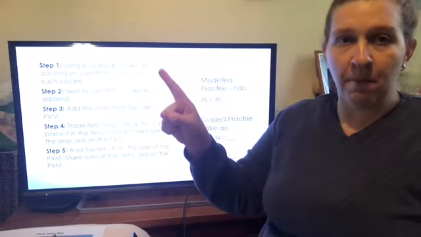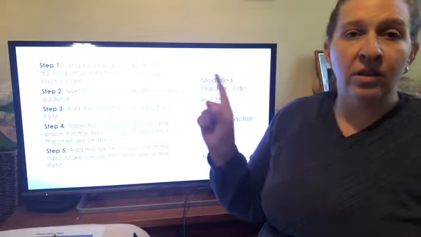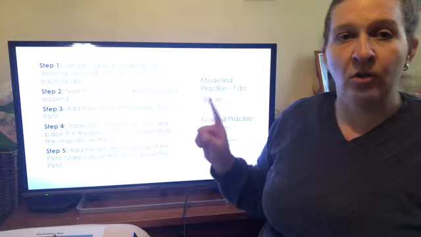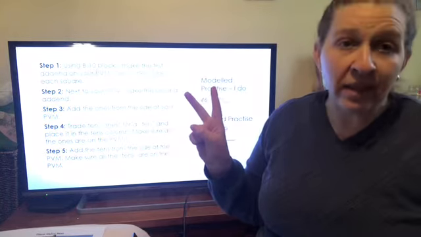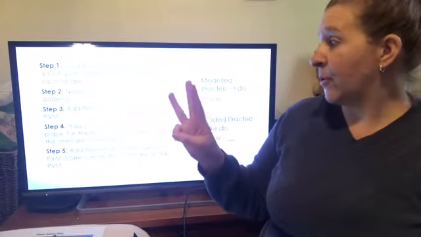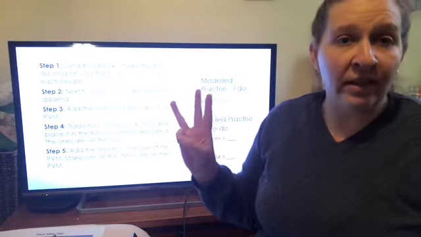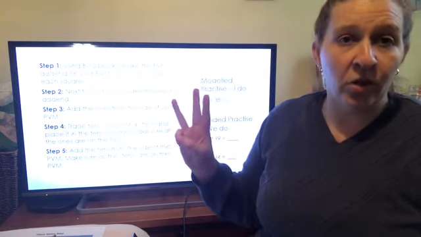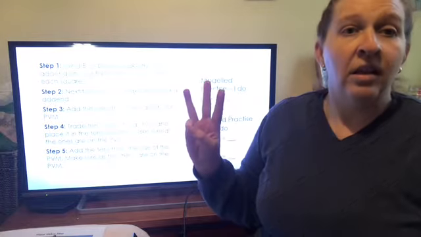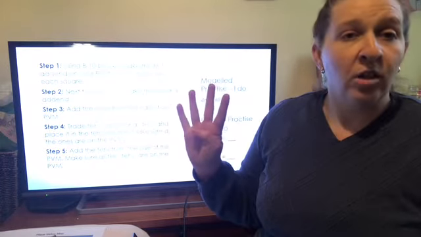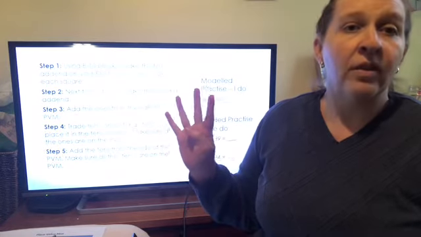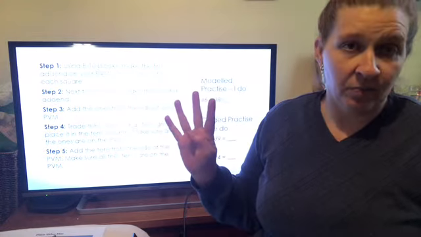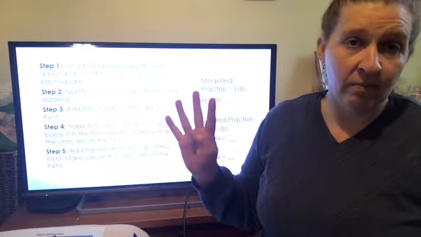Step 1, put the first number on the mat. Step 2, put the second number next to the mat. Step 3, add the ones onto the mat. Step 4, when you have 10 ones in your ones column, you trade it for a 10.